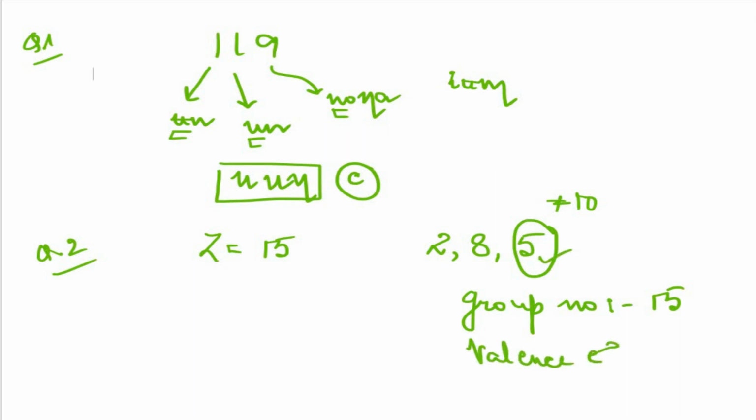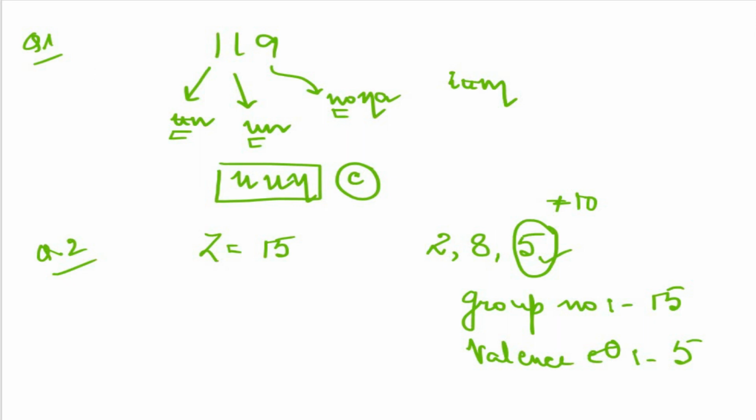And what else do we have in our question is the valency, I think. So valency is the number of electrons required or number of electrons lost to attain a stable electronic configuration. Now it has 5 valence electrons in its outermost shell. So we can say that it needs 3 more electrons to complete its octet.